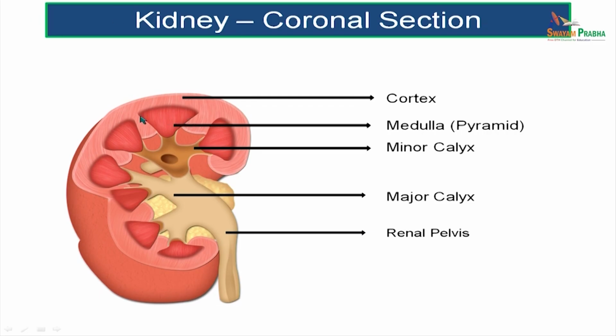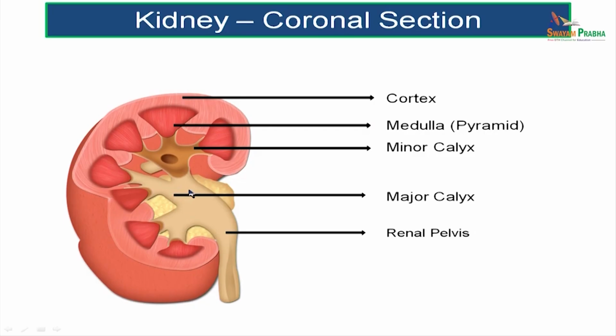The pyramids have a base which is at the corticomedullary junction. The pyramids have an apex which is going to project into the minor calyces which are funnel shaped. As you can see from this picture, these minor calyces are going to join and form the major calyx.